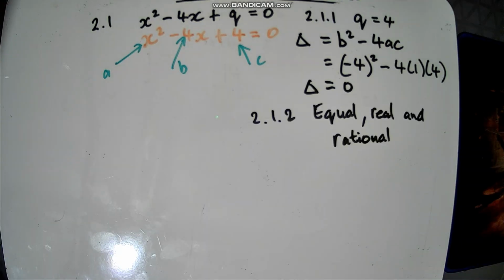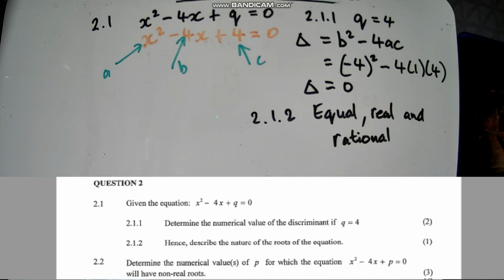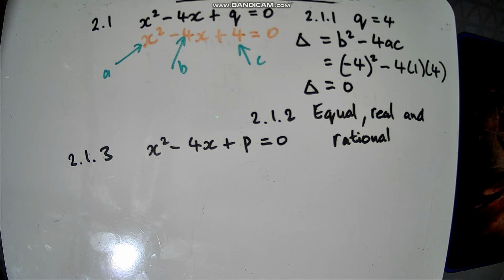Now, going to 2.2, the question says determine the numerical values of p for which the equation x squared minus 4x plus p is equal to 0 will have non-real roots. 3 marks. So in other words, we will have to calculate the value of p, but using the discriminant method.